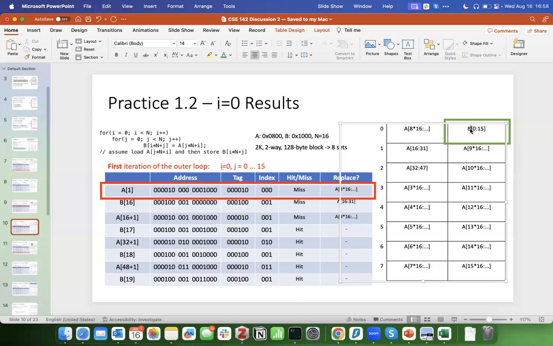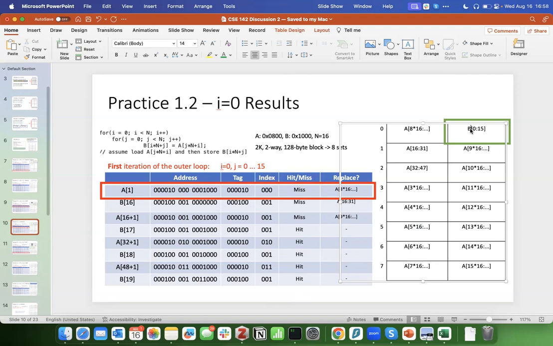By the time I'm accessing the 17th block, including one B block, I'm going to throw away the oldest block, A 0 to 15. Even if the cache is fully associative, maximizing its ability to remember history, that block is still going to be thrown away.